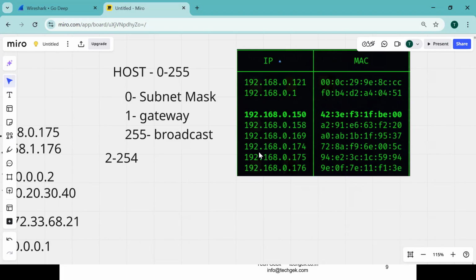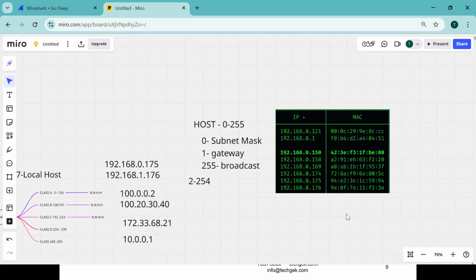This is a class C IP address, so all the users are connected to my class C gateway. 192.168.0 is the network, and the last octet, 150, 158, 169, 174, 175, 176, are the devices connected. For example, 175 is my desktop computer, the Windows computer. This is how IP addresses and MAC addresses can be there over the devices.